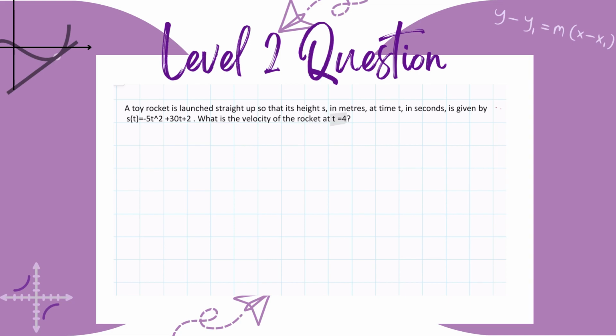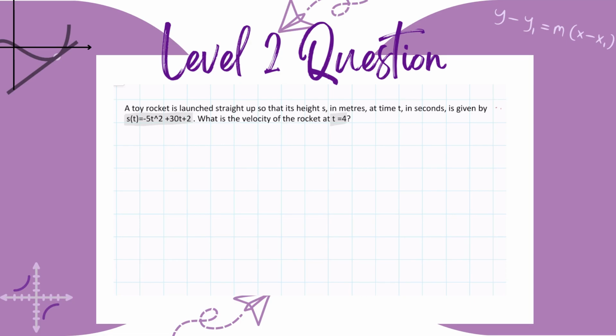The next thing that you guys should look at is the equation that's given. We're looking at s(t). That means we're looking at the position time graph. When we are solving for velocity, we know that it's the derivative of the position time graph.